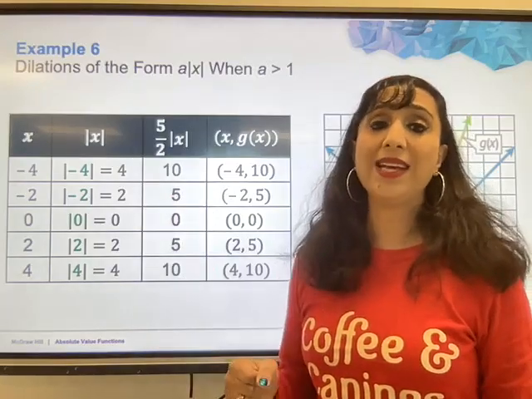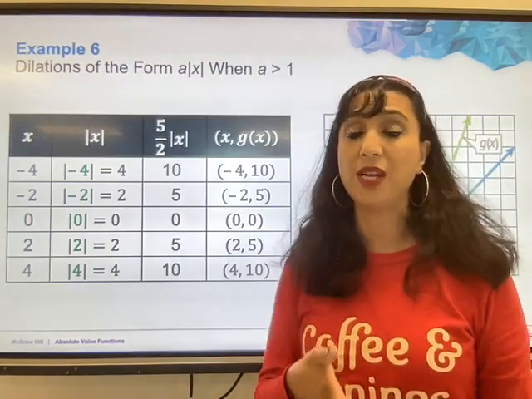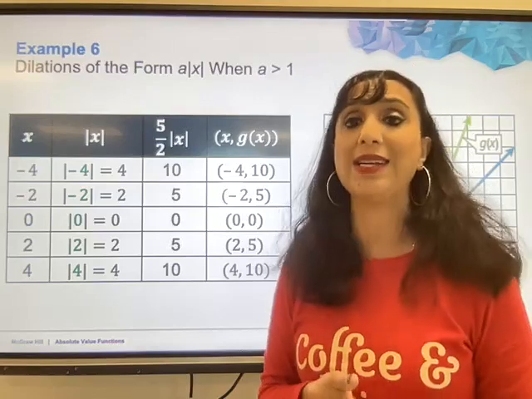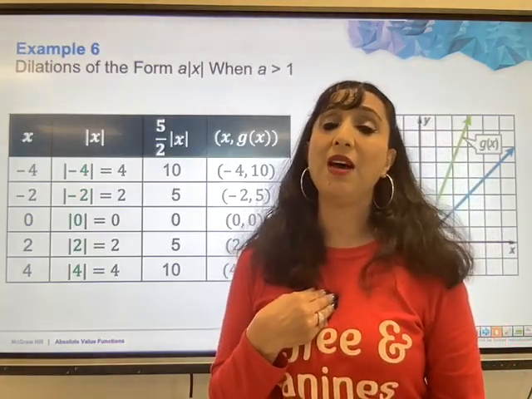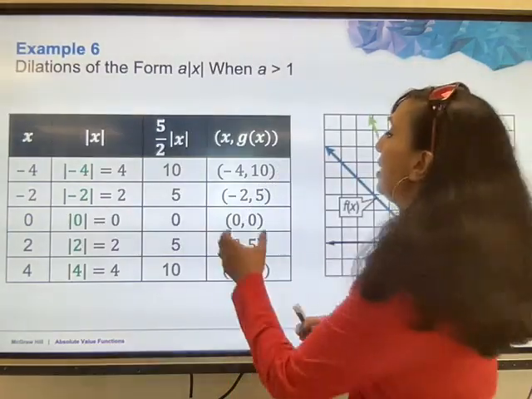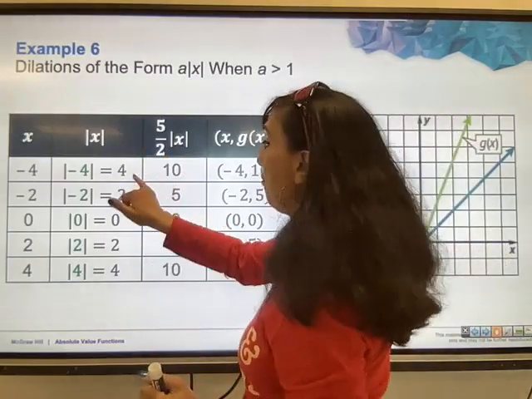So I'm going to say x is -4, -2, 0, 2, 4, because those numbers are compatible with 2. Since this is multiplied, first, what do I need to do?